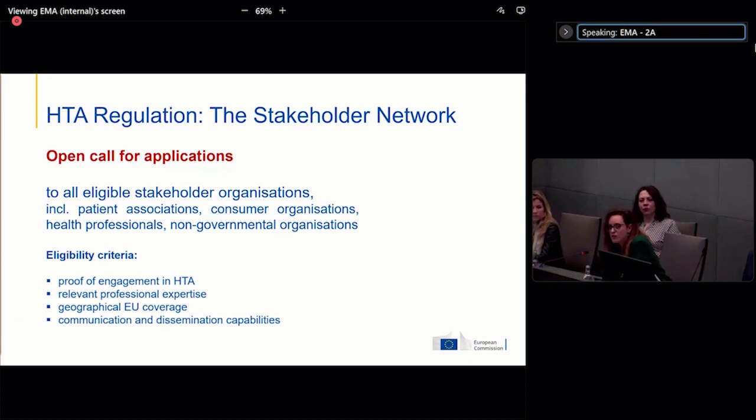And in particular, I want to say a couple of words on the proof of engagement in HTA, because it's important that this stakeholder network provides input to the work of the coordination group and its subgroups.